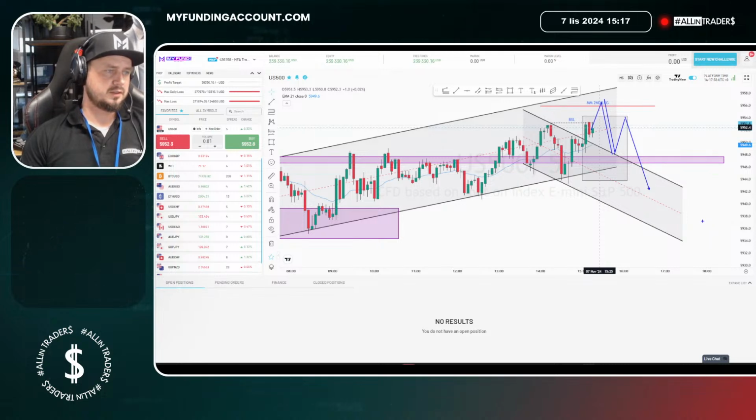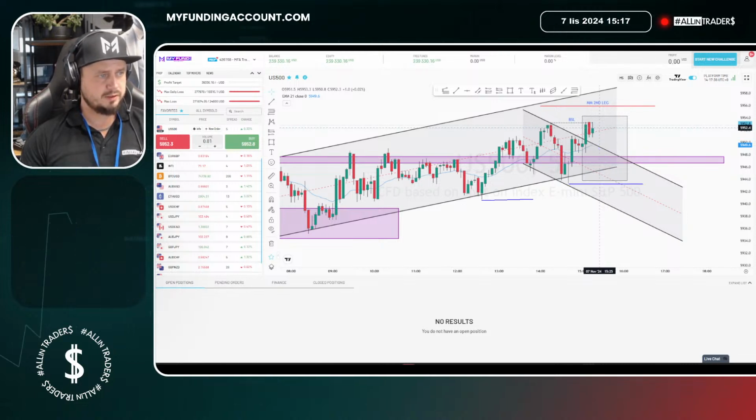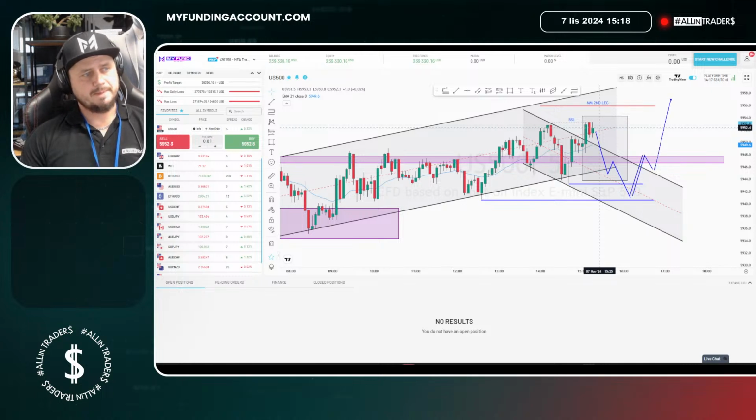Might be a nice situation. If not from this side, of course, we might have our chance from the bottom. Here we got some liquidity as well, over here and here. So if not this side, we might see some reactions on the other side and it might go up.